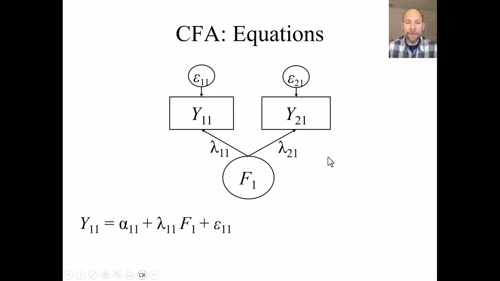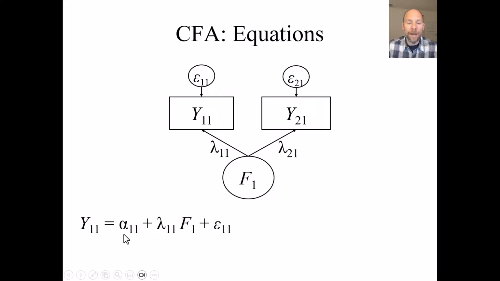In terms of equations, we can depict this model by linear regression equations. For the first variable, we would have y11 equals an intercept alpha 11 plus a factor loading or regression slope coefficient lambda 11 times our factor plus a measurement error variable.